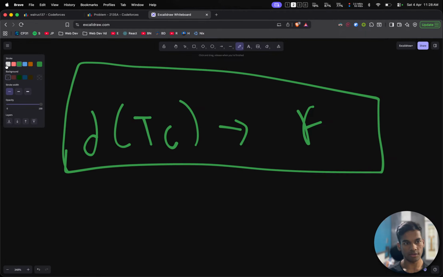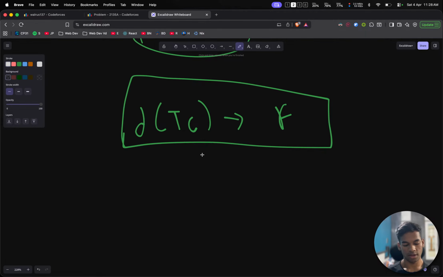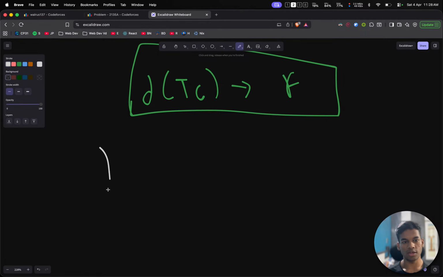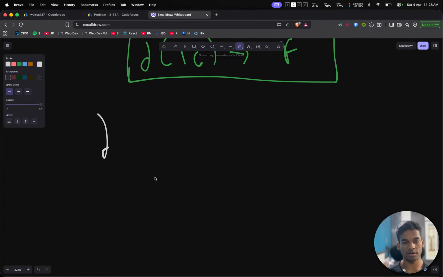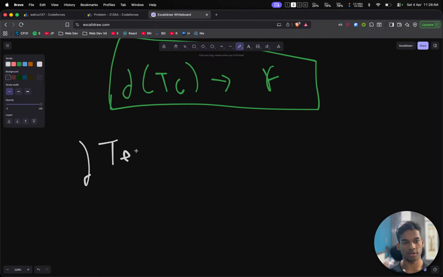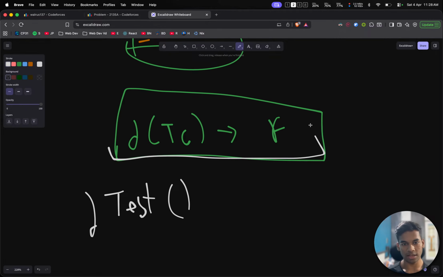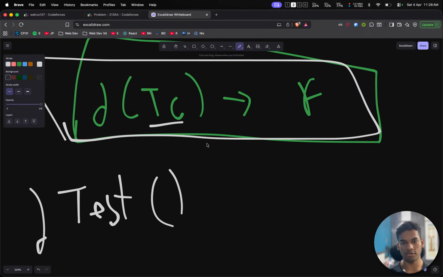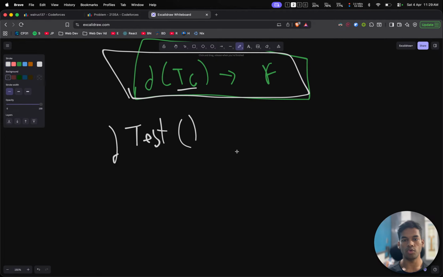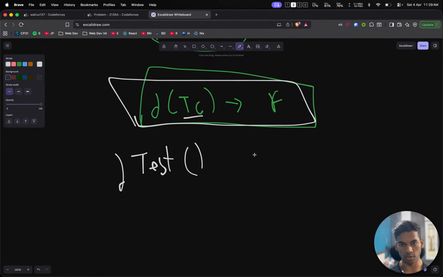And if you write this function in C, then unit testing would be like you would write another function. You would call that function test. And in that function, you would repeatedly call this function with some Celsius temperature whose Fahrenheit values you already know.